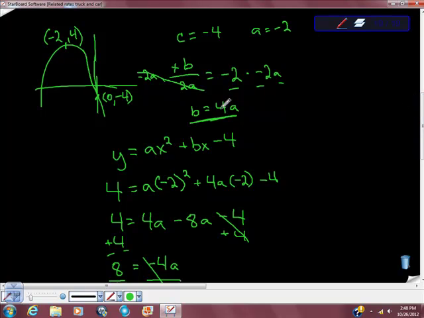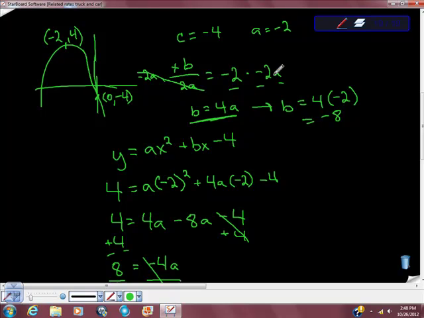Now I look at this again, b equals 4a. So that means that b equals 4 times -2, and 4 times -2 is -8.